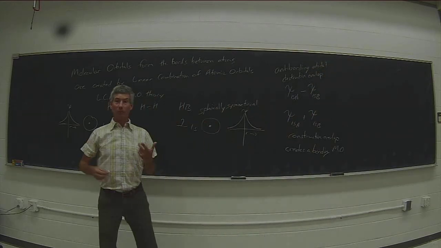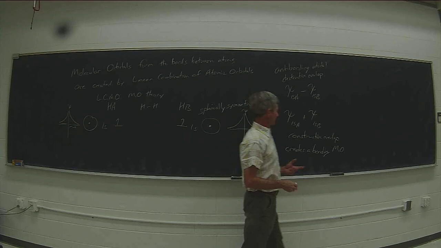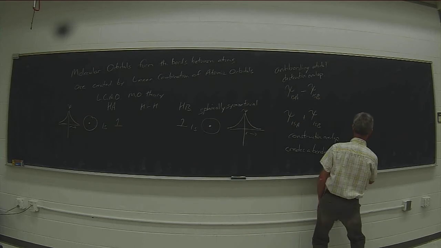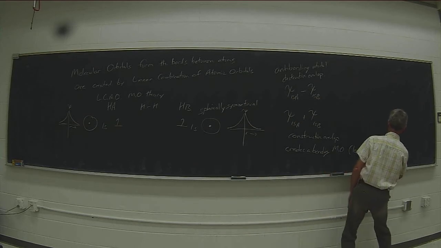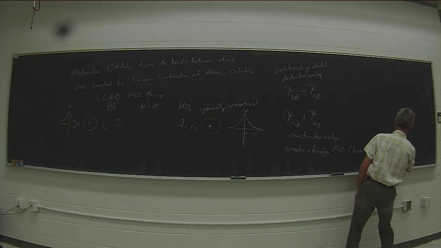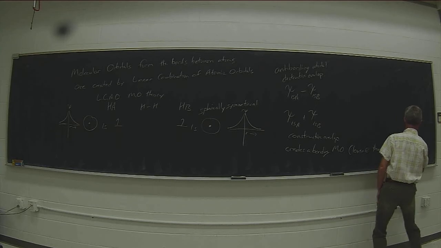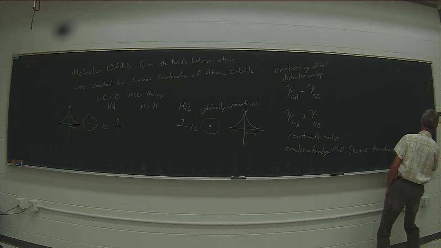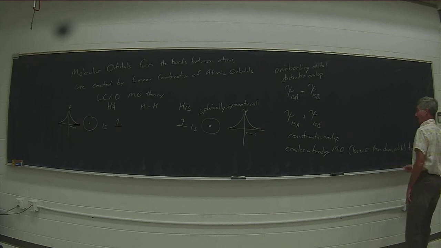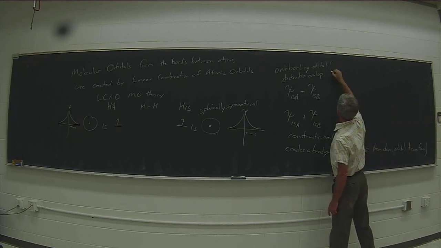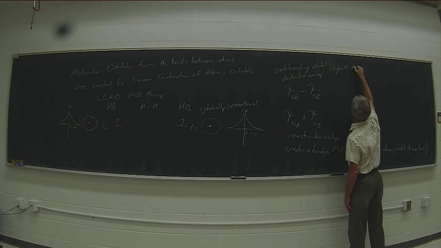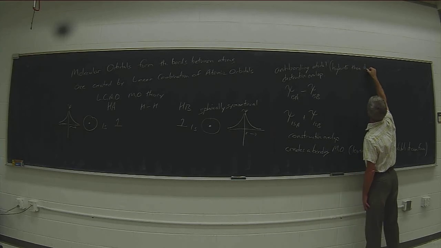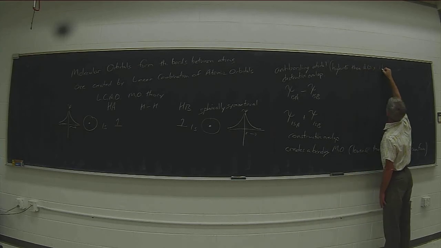The definition of a bonding molecular orbital is lower energy than the atomic orbitals where it came from. And the definition of an anti-bonding orbital is higher energy than the atomic orbital that it came from.